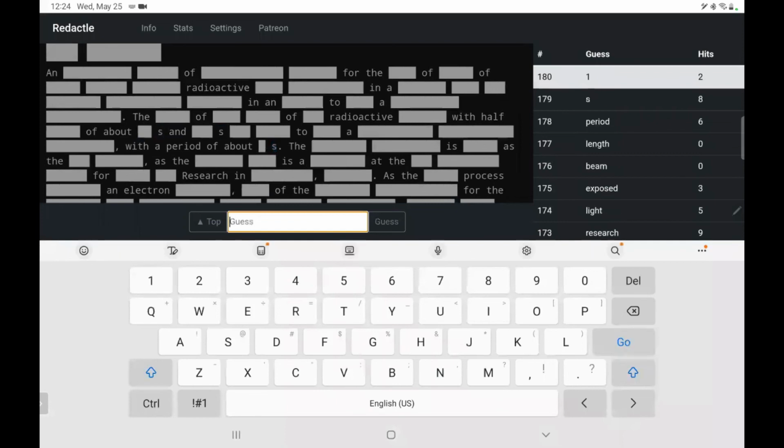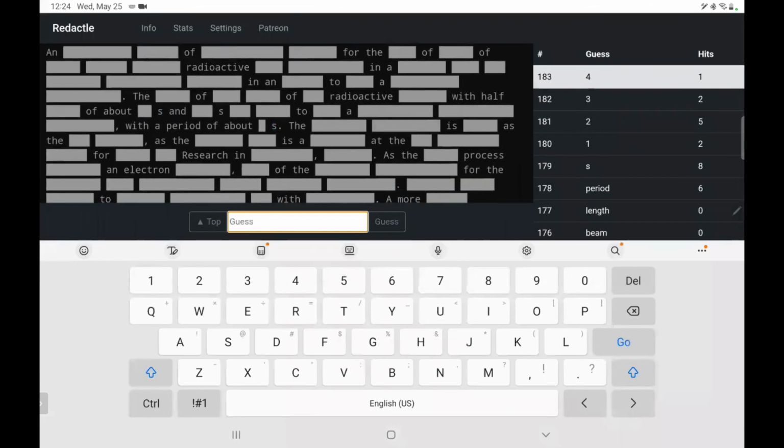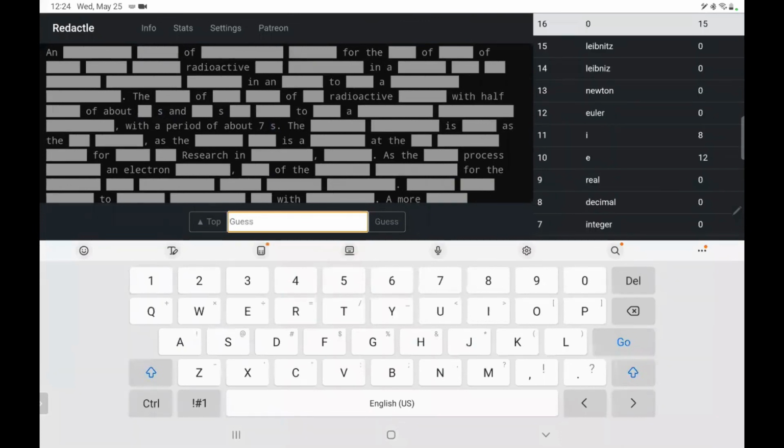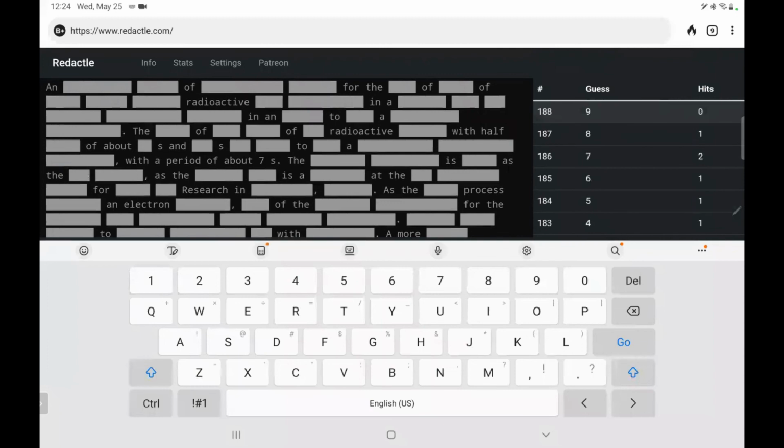Have we done digits yet? 1, 2, 3, 4, 5. All of these digits are having hits. 6, 7. So period of about 7 seconds. We may as well go ahead and do 8 and 9 and 0. Oh, I did 0 way, way back. That was a long time ago.